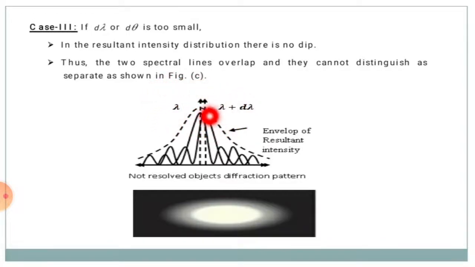If this condition is satisfied, then the two spectral lines are just seen as separate according to Rayleigh's criterion. So this is about Rayleigh's criterion for resolving power.